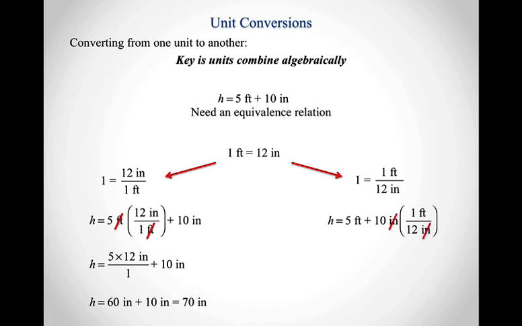And so if the inches goes on bottom in my fraction, then feet's going to go on top, which is good because that's what I want to be left with, 5 feet plus something that has units of feet. And so basically this is 10 times 1 divided by 1 times 12. So there's that number, and again, I let my calculator convert that. It happens to be 0.83 repeating, and so I get 5 feet plus 0.83 feet, which is 5.83 feet.